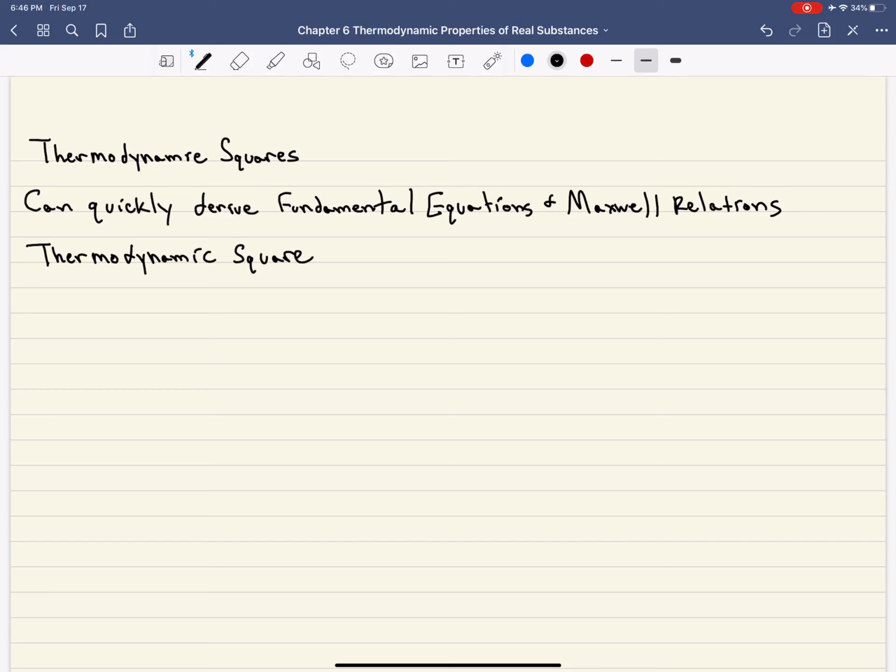And there's two versions of it, depending on if you use A or F for your Helmholtz energy.